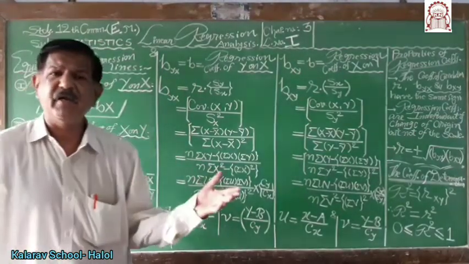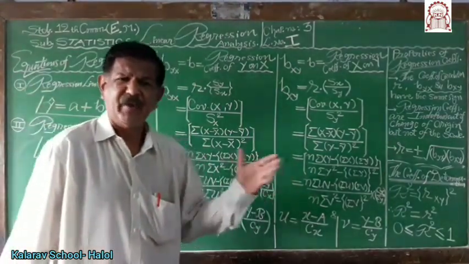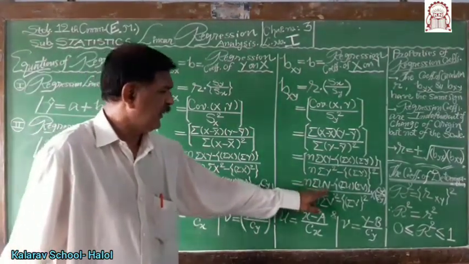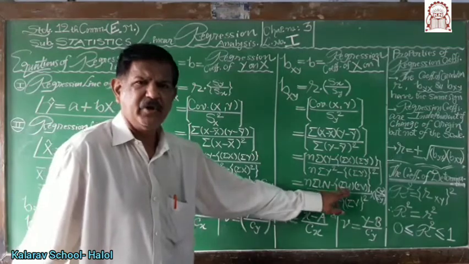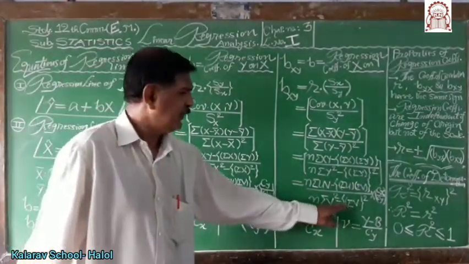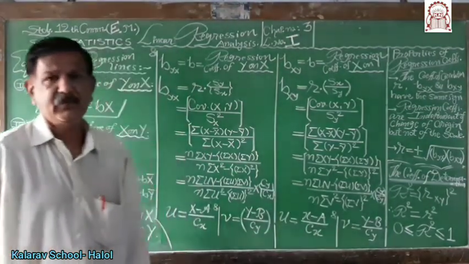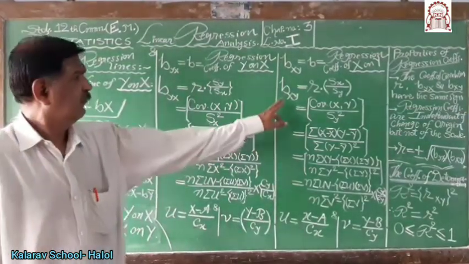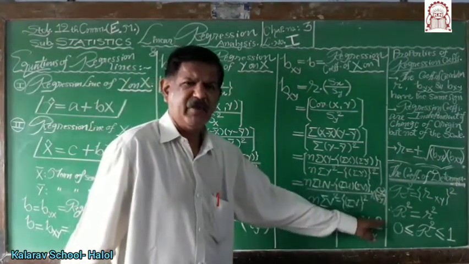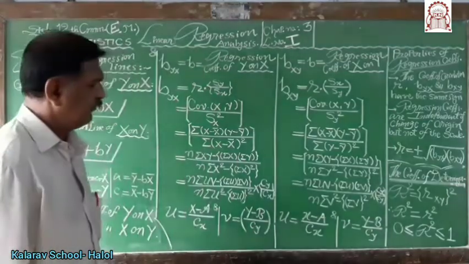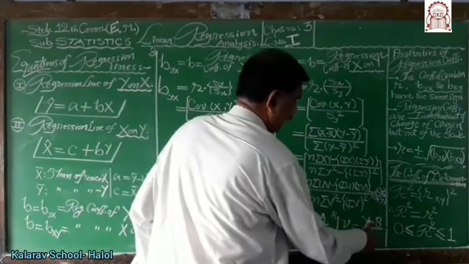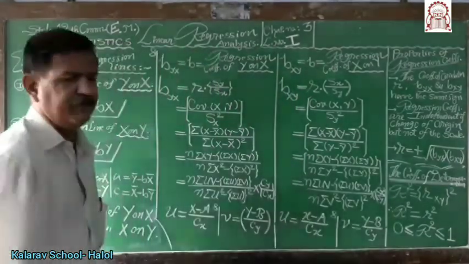For u and v transformation, it is also given by n times sigma uv minus sigma u into sigma v upon n times sigma v square minus sigma v whole square, multiplied by cx upon cy, the common factor of x and the common factor of y, where u is given by x minus a upon cx and v is given by y minus b upon cy.